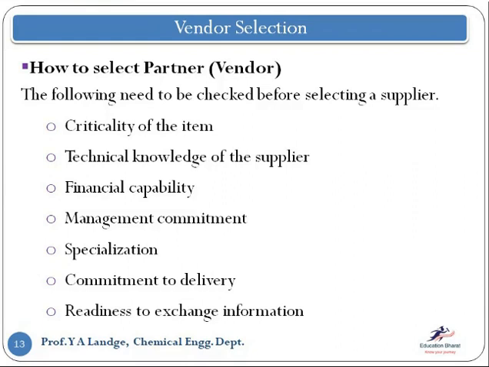Just for example, let's take that we want to paint our home. For that, either we buy the paint and brushes and all, and then we paint ourselves. That is one thing.